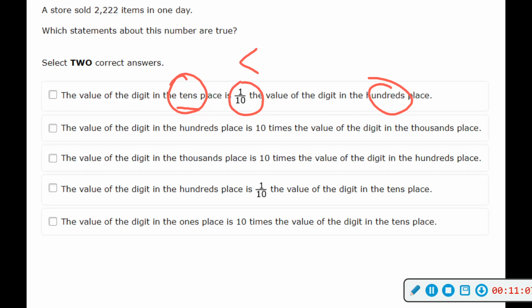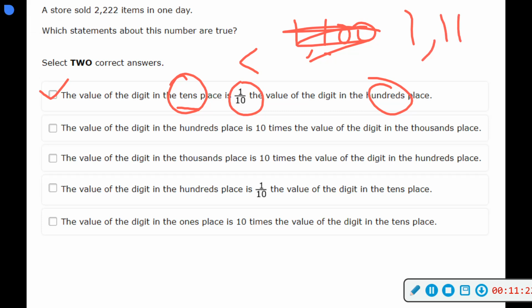The answer would be yes. Because if I were to compare that with 100, I should have written this as, there, that might help us. This tens place is less than the hundreds place, which means the tens place is 1/10 of the value of the hundreds. So that one would be correct.